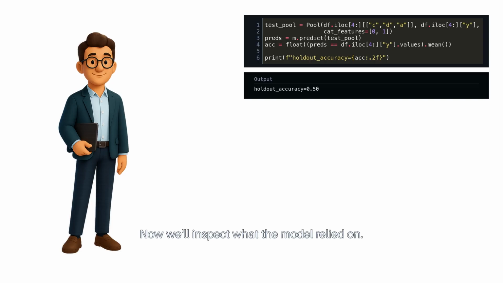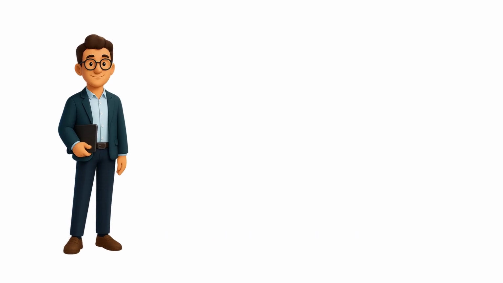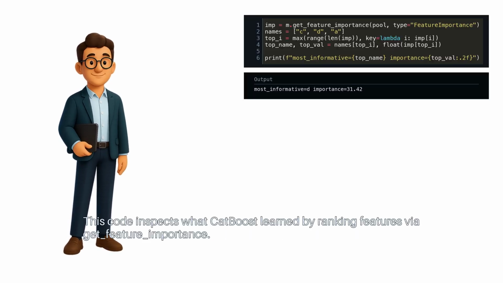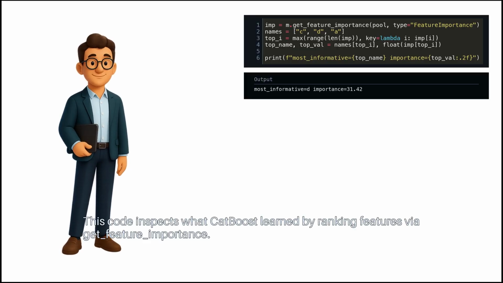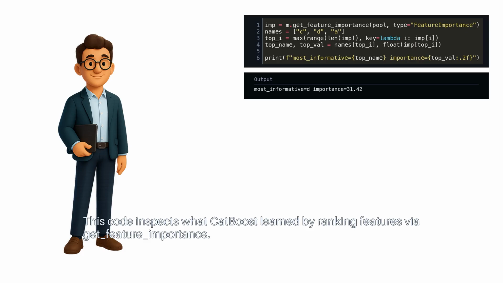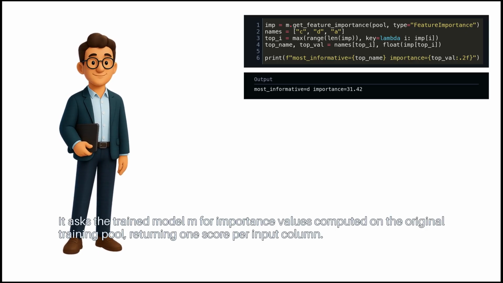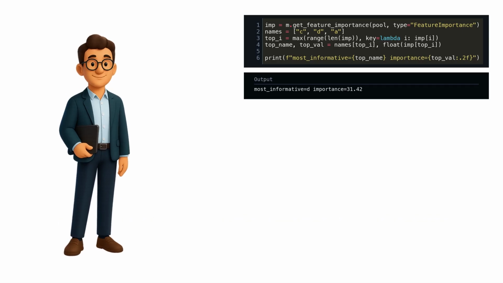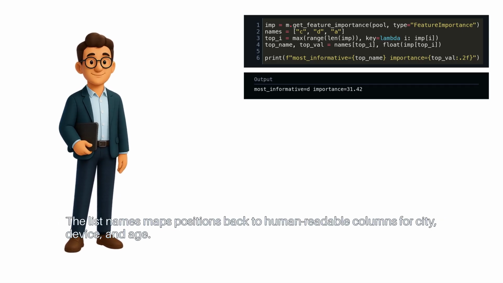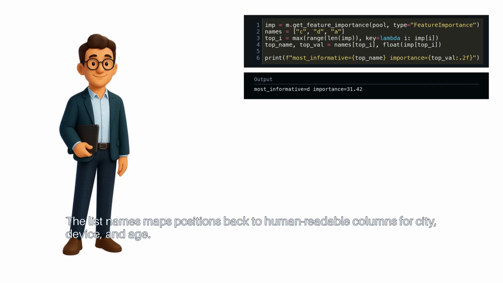Now we'll inspect what the model relied on. This code inspects what CatBoost learned by ranking features via getFeatureImportance. It asks the trained model M for importance values computed on the original training pool, returning 1 score per input column. The list names maps positions back to human-readable columns for city, device, and age.